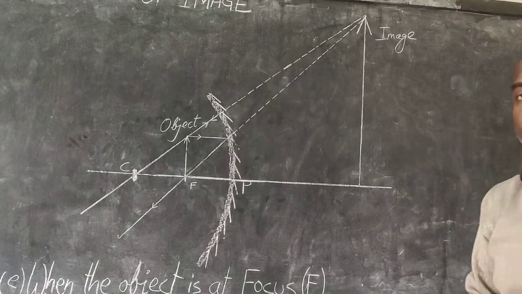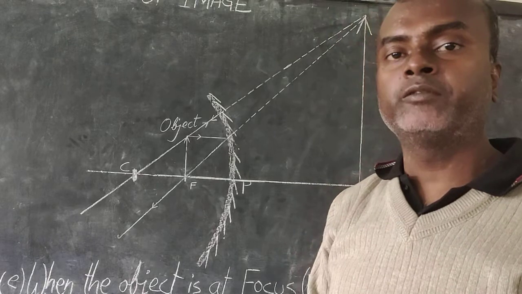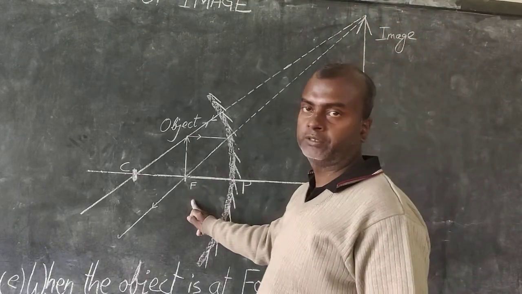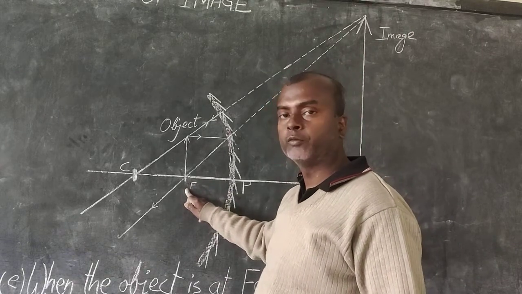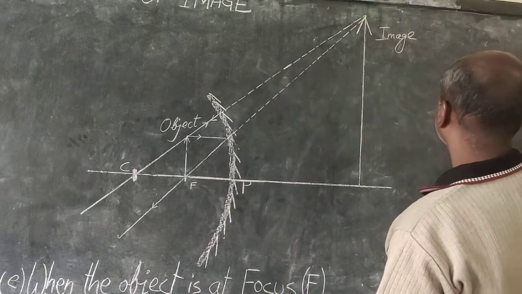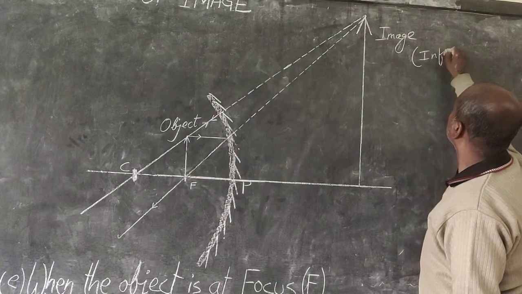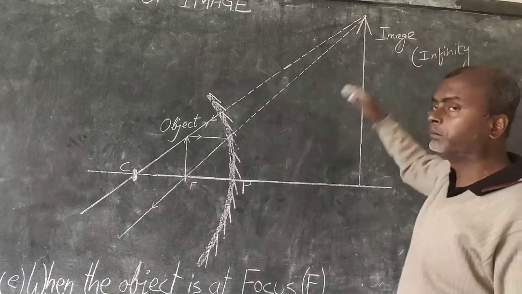You remember the first case, the object used to be at infinity and the image was at focus. Now it is the reverse. Now the object is at focus and the image is somewhere at infinity. And see, the actual size of the image is so big.